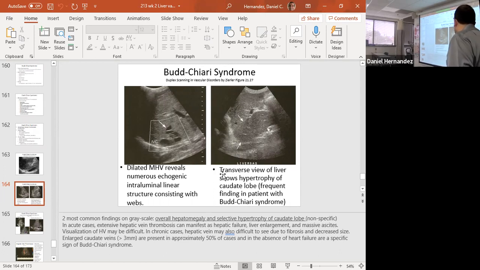So two most common findings on grayscale are overall hepatomegaly and selective hypertrophy of the caudate lobe. In acute cases, extensive hepatic vein thrombosis can manifest as hepatic failure, liver enlargement, and massive ascites.